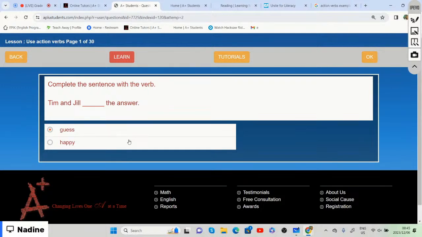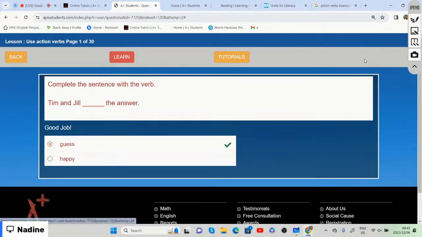Because remember, guessing and thinking, that is also an action that you're doing. And we said guess is our answer. So well done.